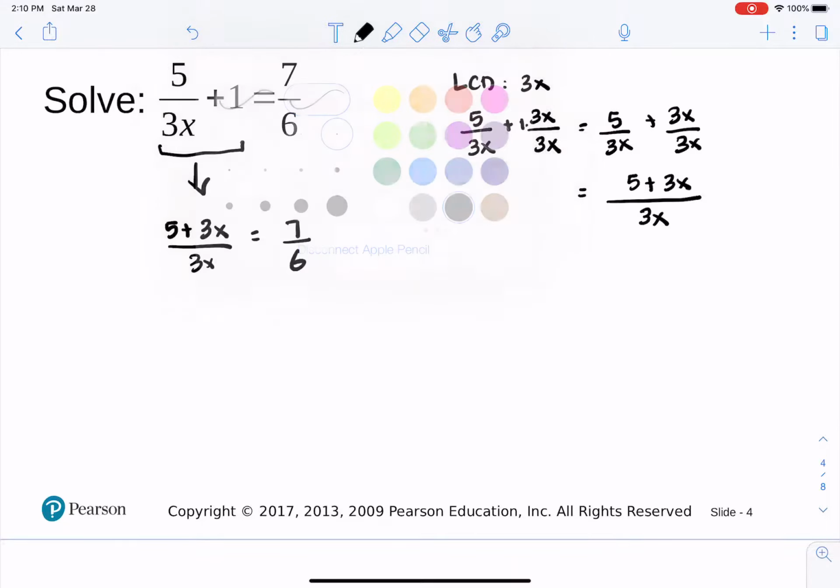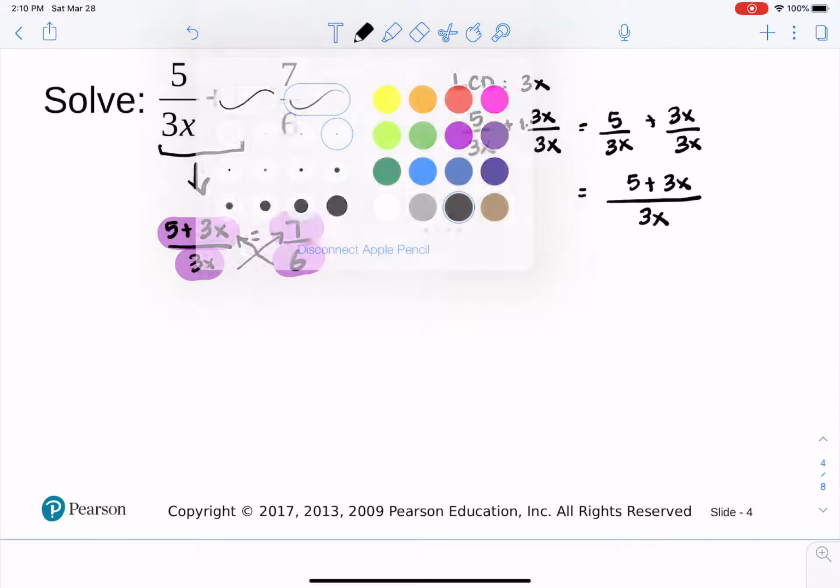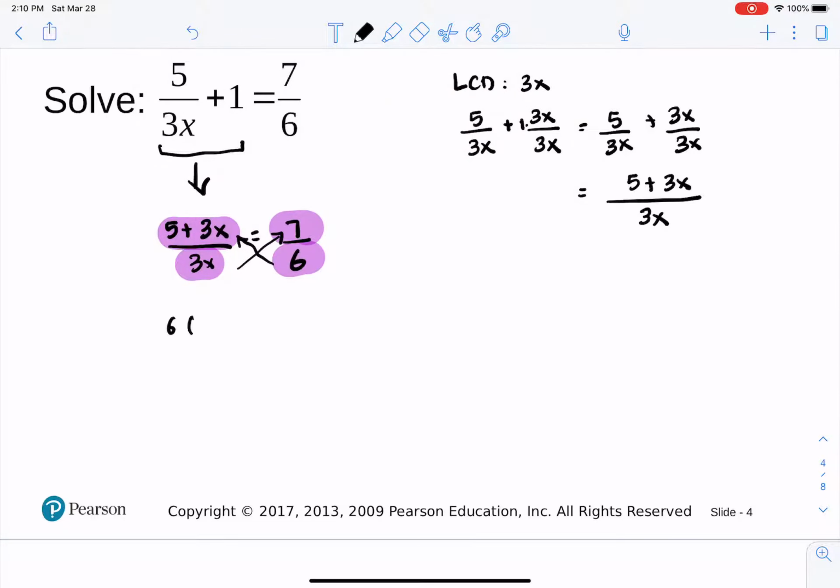So we have one single term here equal to one single term there. If we arrive at this point, all we have to do is something called cross multiply. In other words, we're going to multiply 6 with 5 plus 3x and 7 with 3x. We distribute on the left-hand side.